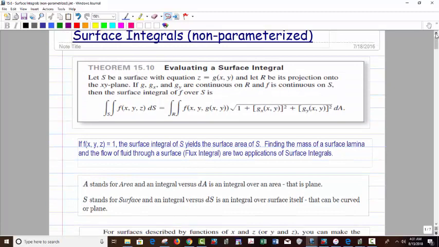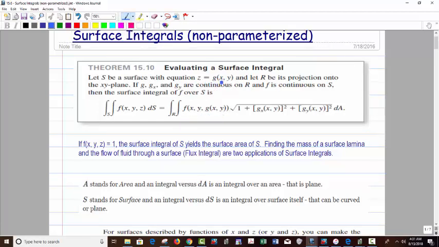To evaluate the surface integral, we use the following integral: the double integral of f of x, y, g of x, y, and g of x, y is basically just z here. So g is a function of x and y, and we're integrating f over S, whatever the region S is, which is defined by this: the square root of 1 plus g sub x squared plus g sub y squared, then dA.